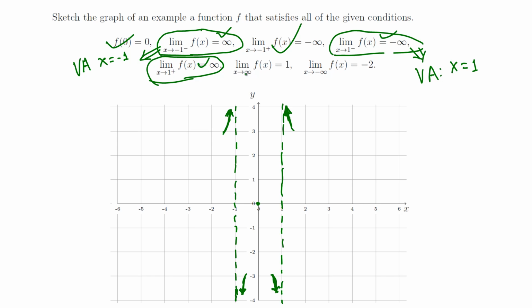This is done. Now when x goes to infinity, when x is very big, the function goes to 1. So we have a horizontal asymptote, HA, on the right side, y equals 1. So here is 1, the horizontal asymptote, and the function goes to 1.